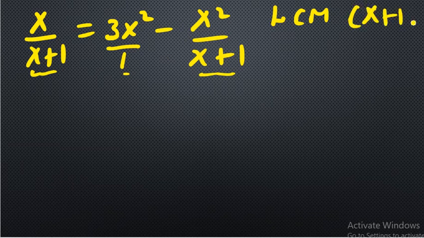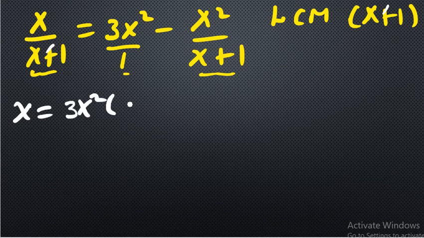And what makes this x plus 1 zero? It's negative 1. We already restricted it. So multiply each of them by x plus 1. When you do that, this x plus 1 will cancel this x plus 1, and what remains? x is equal to 3x squared multiplied with x plus 1 minus, here also x plus 1 and x plus 1 cancel out and x squared remains.